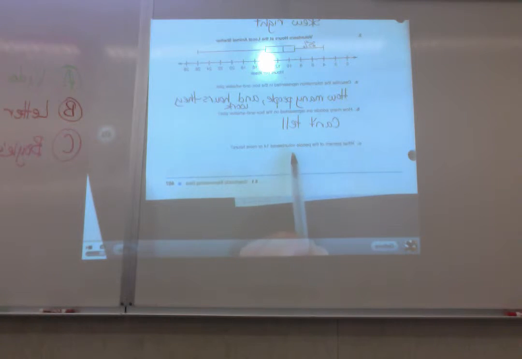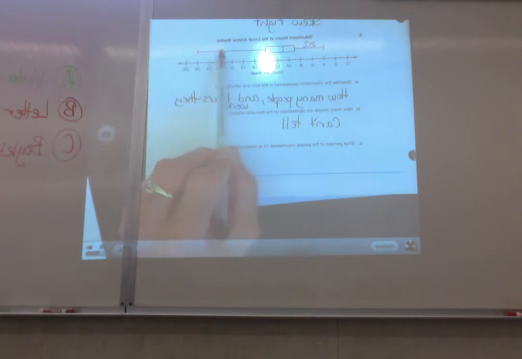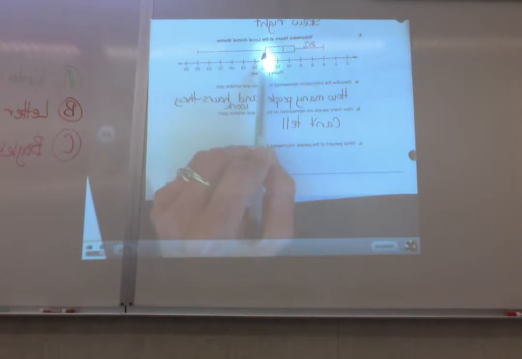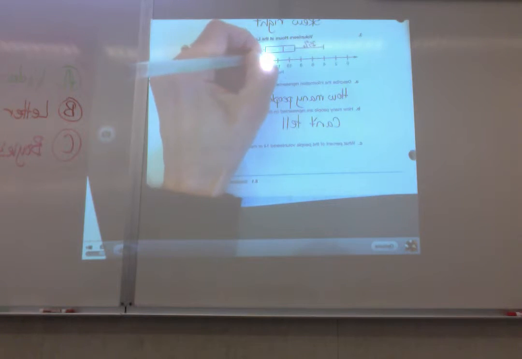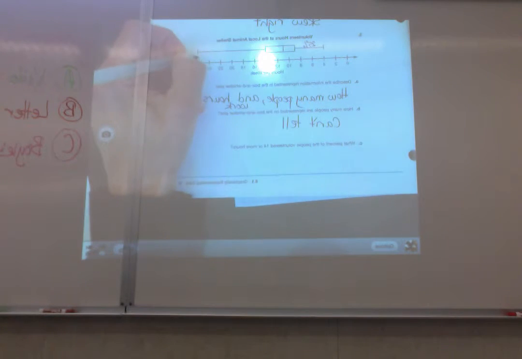What percent of people volunteered 14 or more hours? Where is that at? 14 or more hours. Okay, so 14 or more are right here. This is between Q3 and the max.